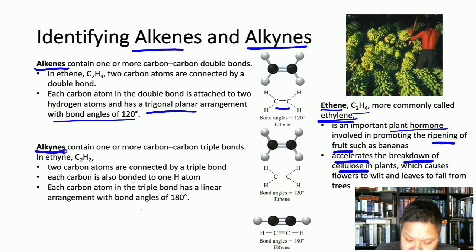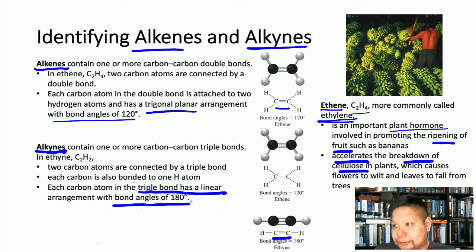Alkynes, on the other hand, are just like alkenes and alkanes, except that instead of single or double bonds between two carbons, it has a triple bond between two carbons, right? That triple bond gives it a linear shape with a bond angle of 180 degrees, right?